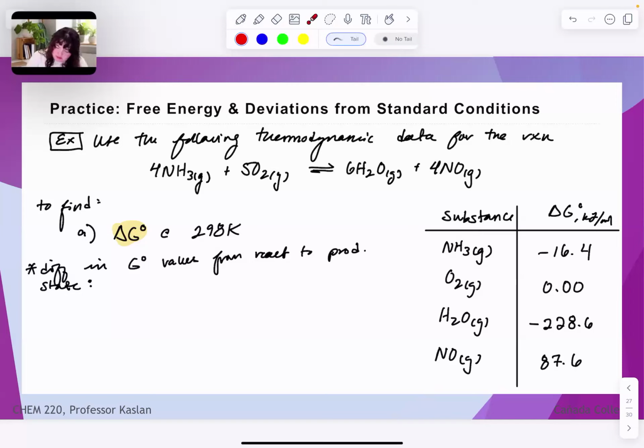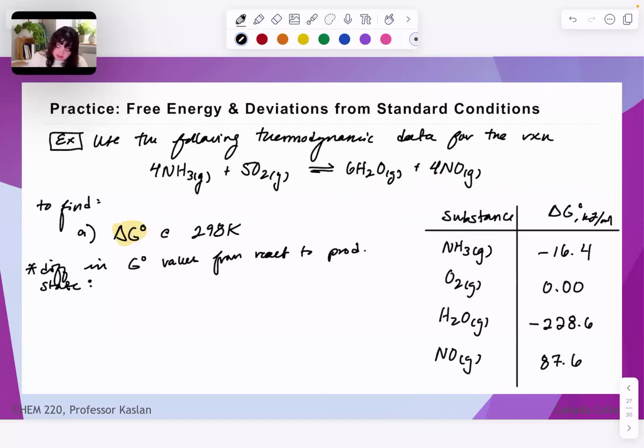And notice all of this thermodynamic data that's given for our standard free energies is given in kilojoules per mole, implying that this is the amount of energy that is absorbed or released when 1 mole of substance is being created or reacted. So I have to take into account the stoichiometry of this reaction.